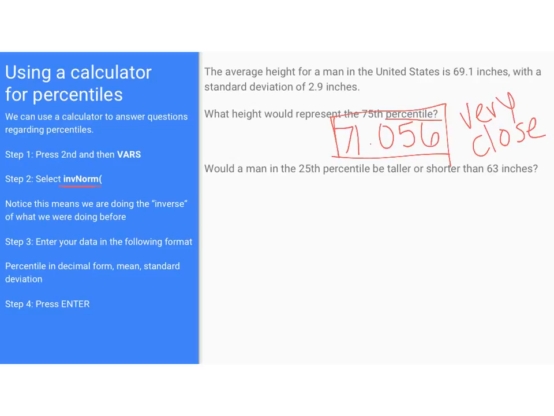Likewise, if you want to do the exact same thing, all you have to do is change the 0.75 to 0.25, hit enter, and you get 67.144. And again, if you're having trouble with your calculator and pressing the right buttons, make sure you stop me and ask questions.